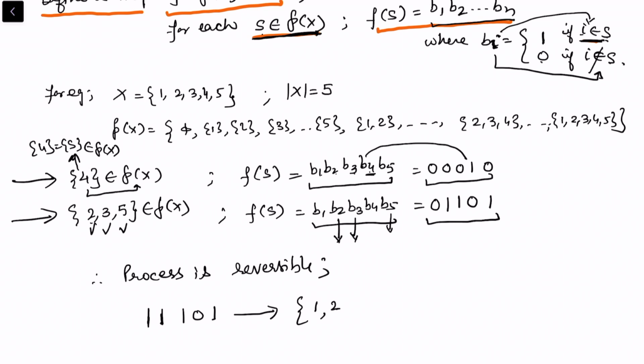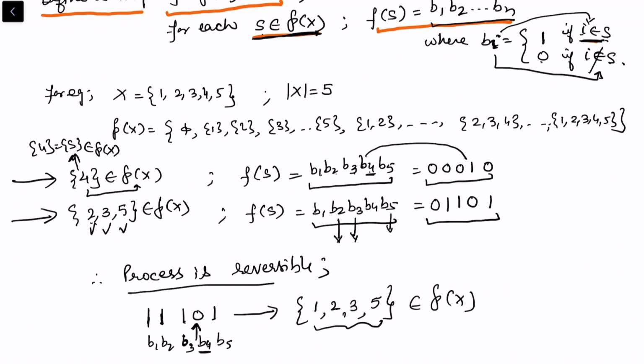This is the second position, so 2 will be there. This is the third, so 3 will be there. At the fourth position we have 0, so that means 4 should not be there, because this is B1, B2, B3, B4, B5 and corresponding to B4 we have a 0. This means 4 will not be a part of this set, and then we will have 5. So this is a 4-element set which is in the power set.